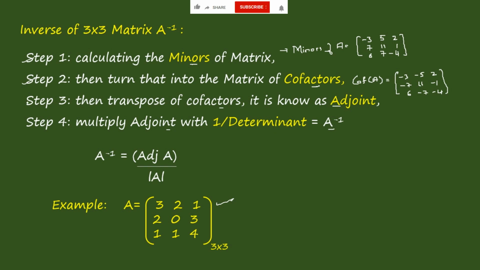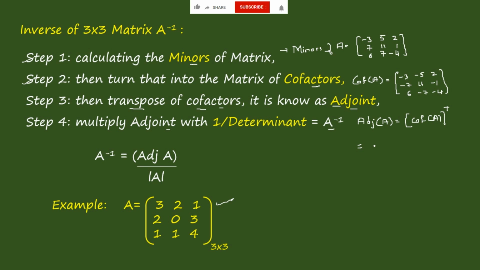Now you have to find step 3, right? Transpose of a cofactor is known as the adjoint. So we'll be finding the adjoint of a matrix A, which is equal to cofactor of A transpose, right?